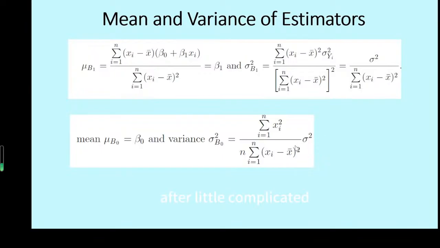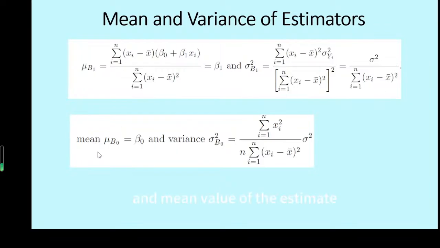So after a little complicated mathematical manipulation, we can get that the mean of the estimator b1 is the actual real value of beta 1, and the variance of the estimator b1 is the variance of the linear regression model, or the variance of the error term, divided by the sum of the squares of xi with respect to the x mean value.